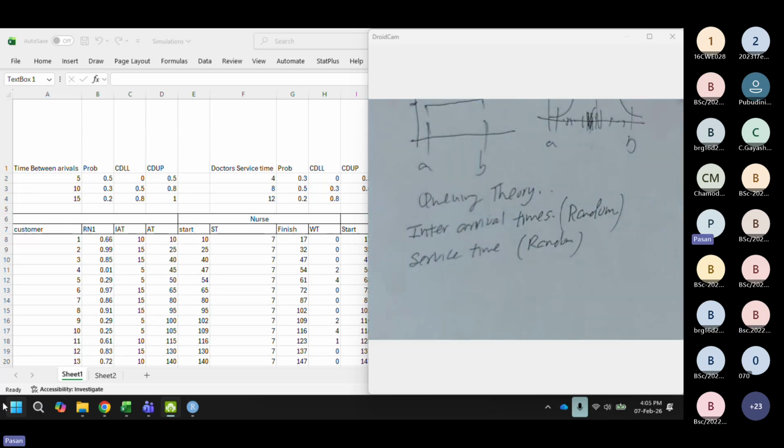For example, if you go to the bank, people might have different tasks to do, so each person will take a different time to resolve their problem. They have different time periods to complete their work. Therefore, our service time is also going to be a random variable. So these are the two main random variables whenever you are looking at a queue.